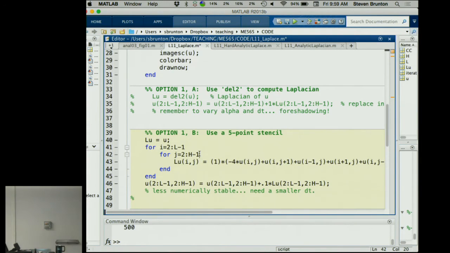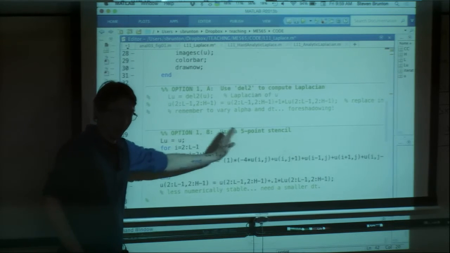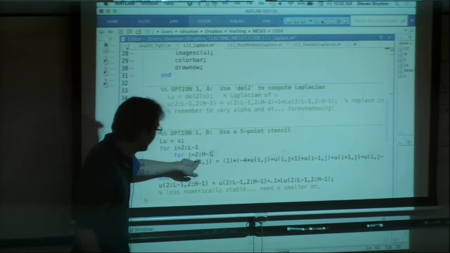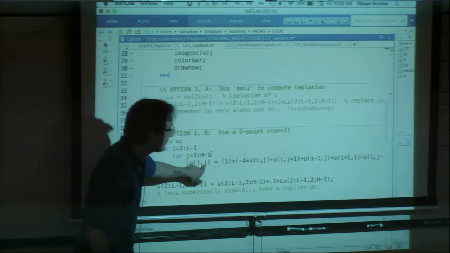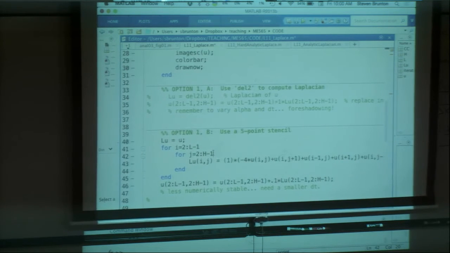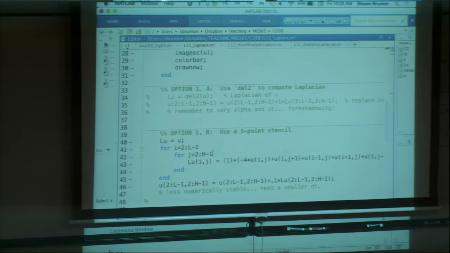For all of the interior points in both x and y, for i 2 to L minus 1, j 2 to H minus 1, this Laplacian at point i, j is going to equal this formula that I derived.